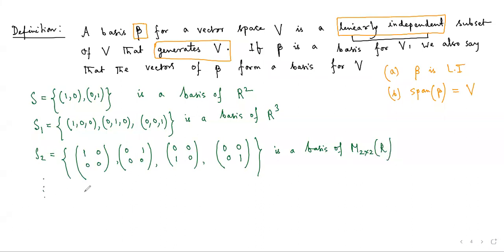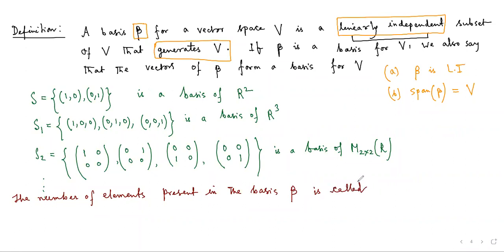We can find many bases, and the number of elements present in the basis beta is what we term the dimension of the vector space under consideration.